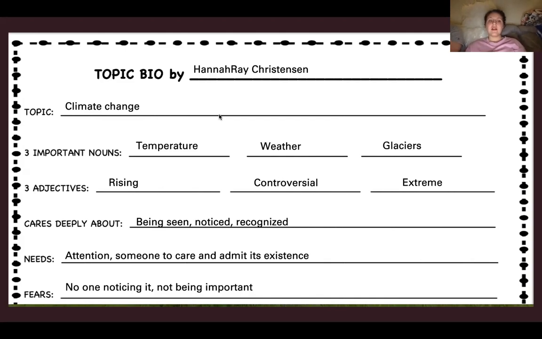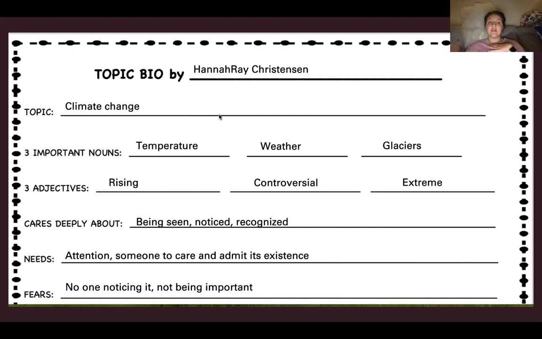Whenever it comes to cares deeply about, needs, and fears, there are two different ways you can do this. You can do it from the population that encounters the topic: what does the population care deeply about whenever it comes to climate change? What are the needs of the population, the fears of the population about this idea? What are the needs of people based on this idea?